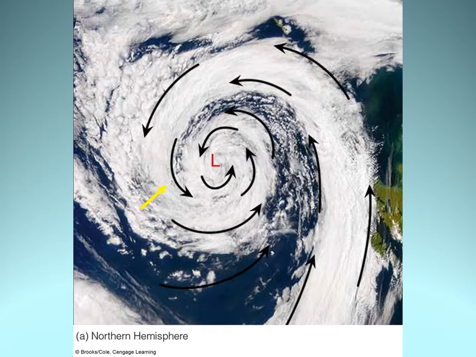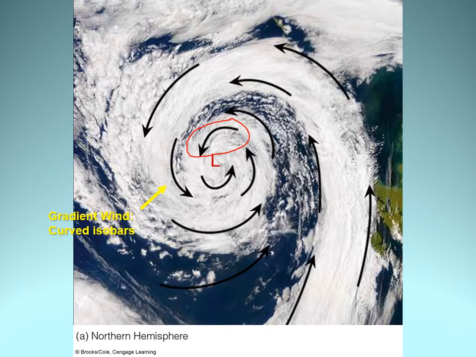Remember before I mentioned that low pressure systems usually lead to storms or some kind of weather pattern that have clouds and rain. And eventually we'll learn that these systems can actually produce severe weather. So as long as we know what hemisphere we're in, we can deduce that the wind pattern will be counterclockwise around a low. And again, we have to know which hemisphere we're in.